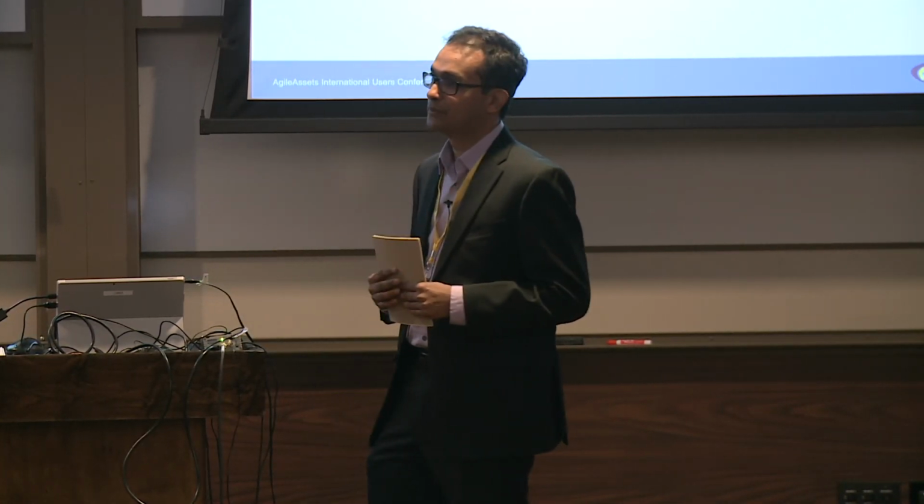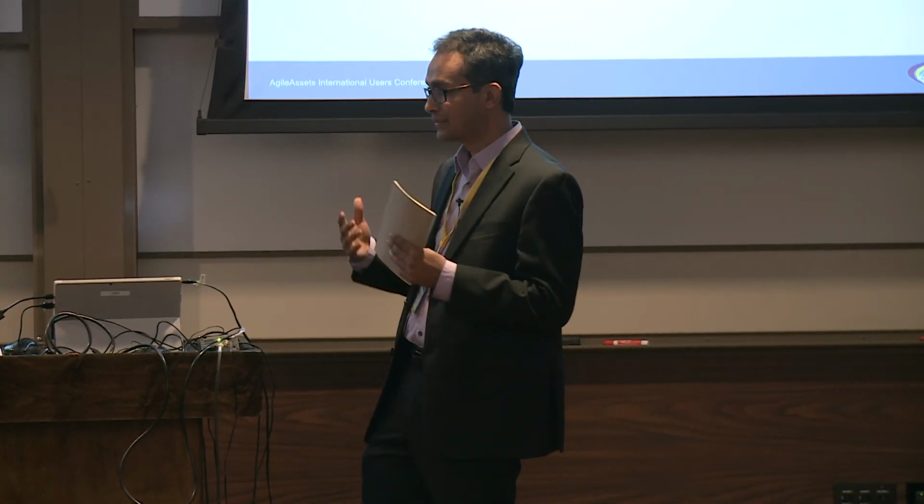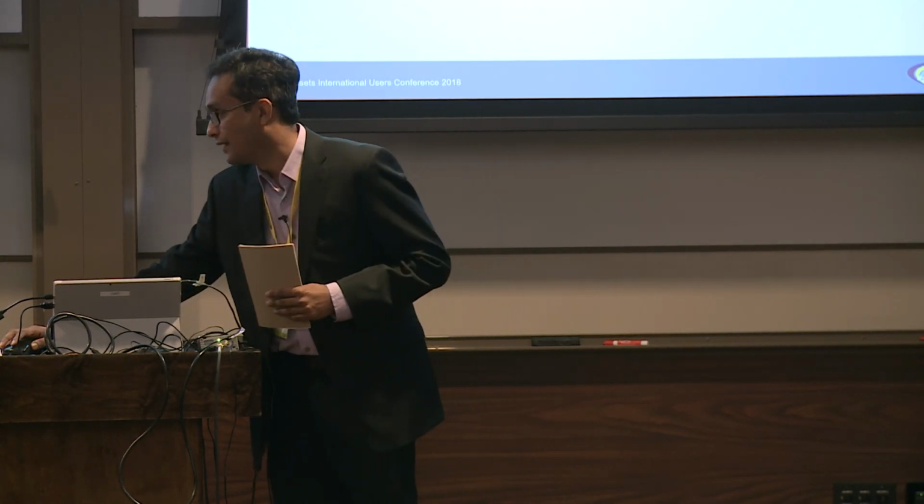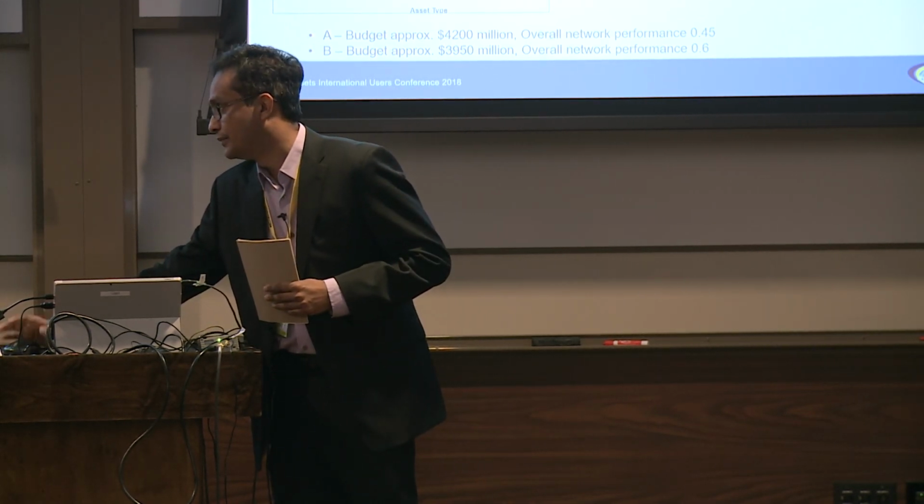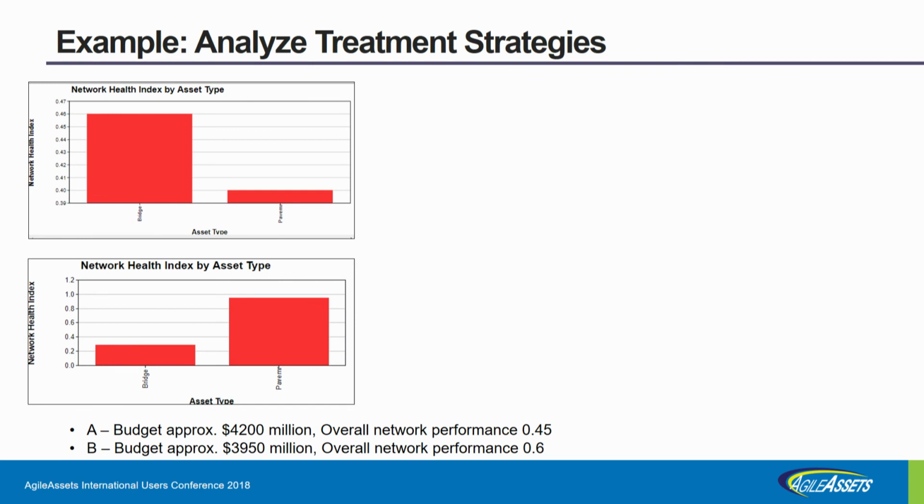Now the next question will be, let's look at the treatment strategies for both options. What are the treatment strategies in point A versus point B? So for option A, the budget is $42 million. In the first one, I'm getting more money and Ting is getting less. My performance is 0.46 versus Ting's 0.4, so it looks like the bridge is performing better.